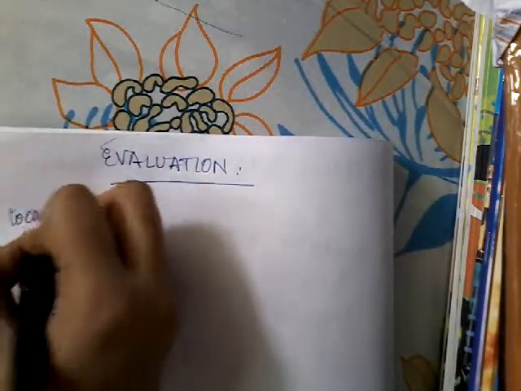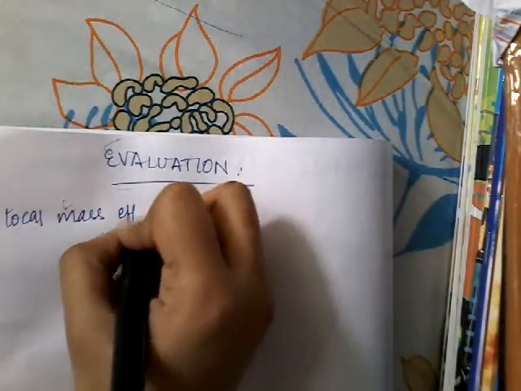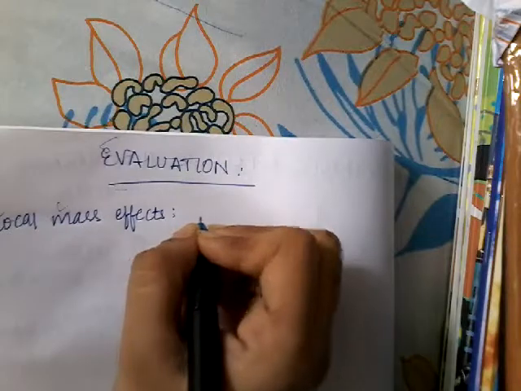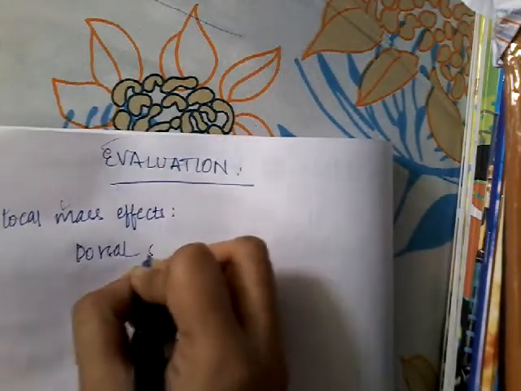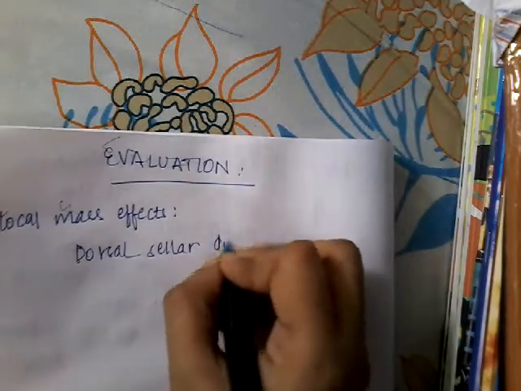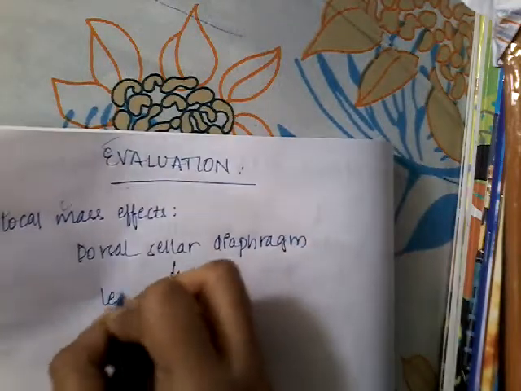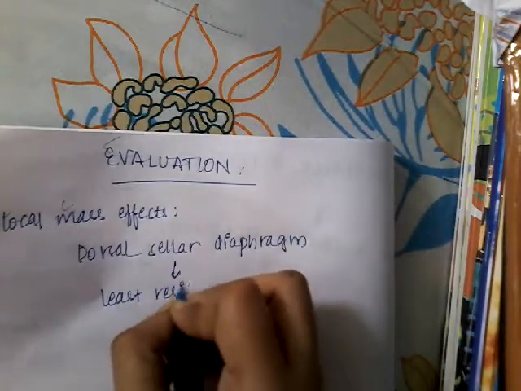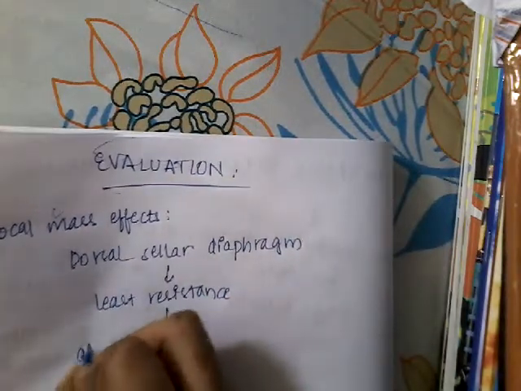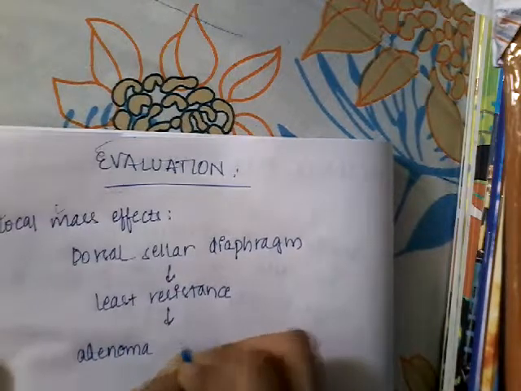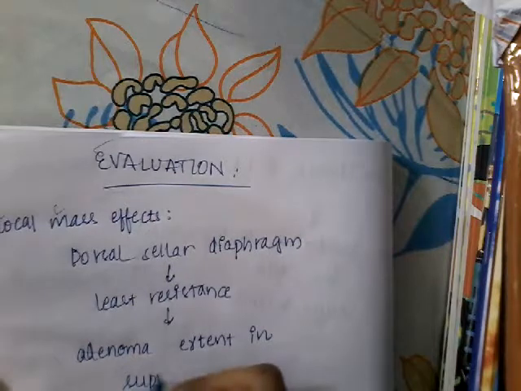All these pituitary tumors or sellar lesions will have mass effects, local mass effects. This is because the diaphragma sellae which is there will have the least resistance. So because of the least resistance of the diaphragma sellae, the adenomas normally extend in suprasellar direction.